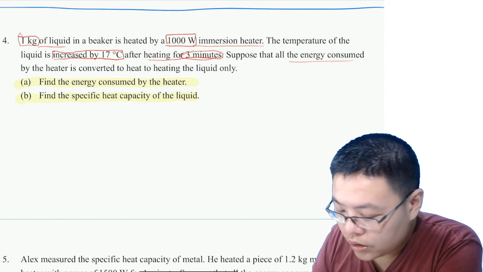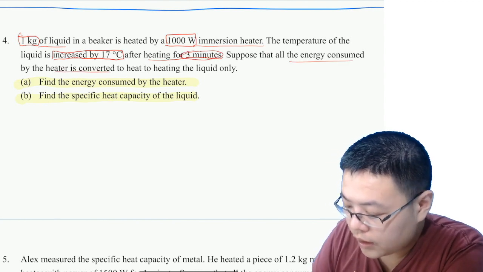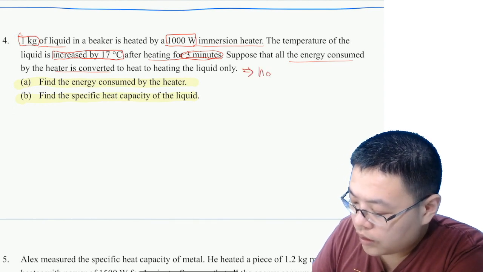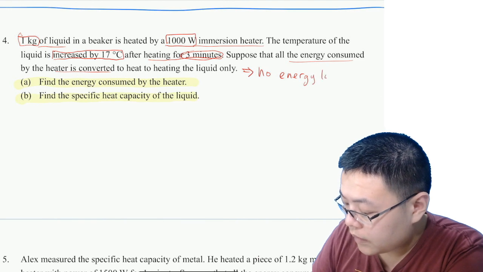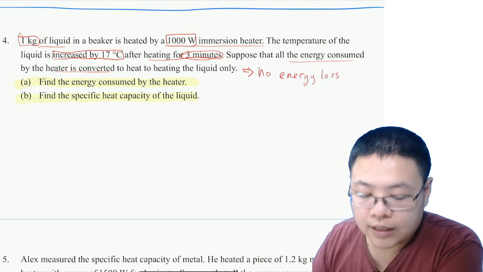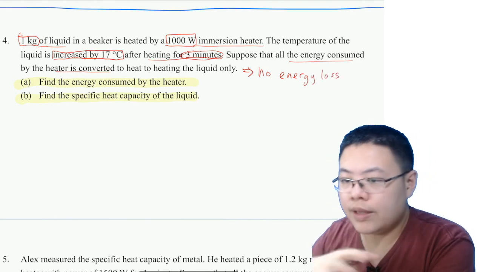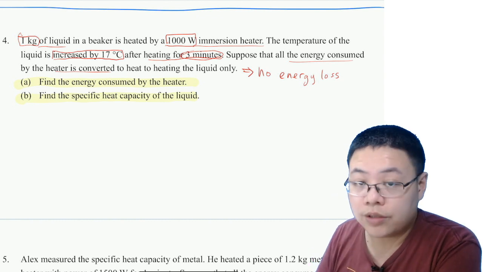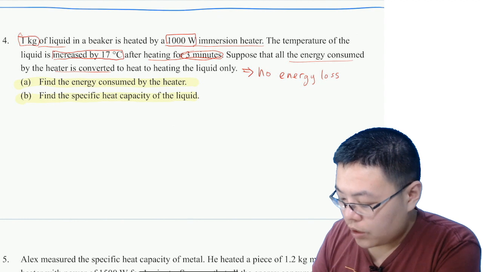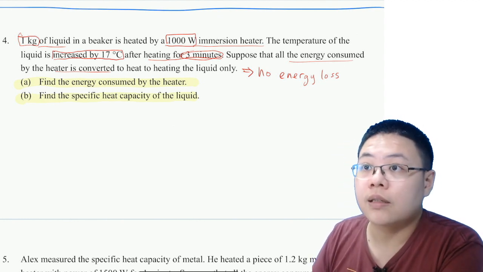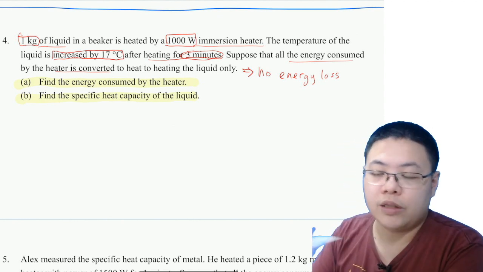Suppose all energy consumed is converted. That means no energy loss to the surrounding. Okay, in example 4, we know that when there is energy loss, then the calculation is not that accurate. Okay, so here when the question tells us to assume all the energy is converted, that means no loss.